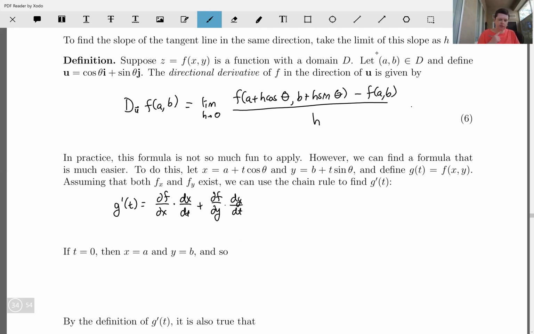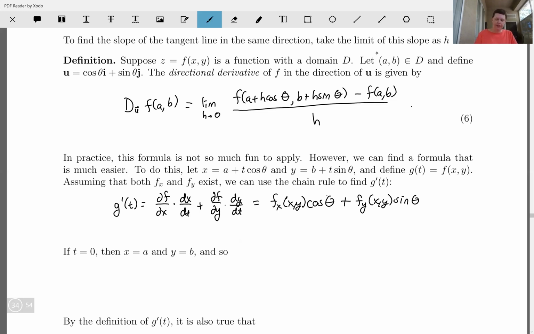And so that is going to give us the partial of f with respect to x times cosine theta plus the partial of f with respect to y times sine theta.